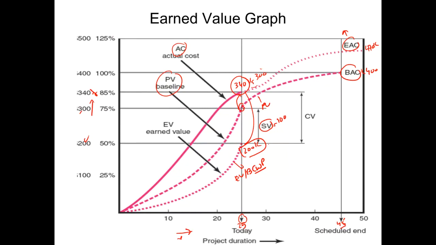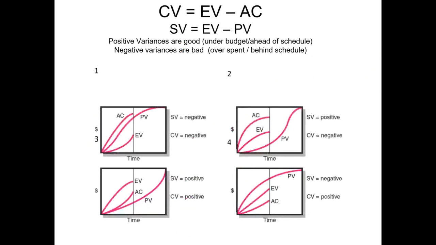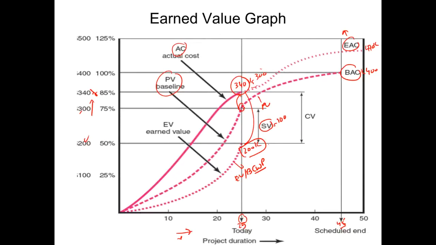And this basically indicates the cost variance, which is the difference between the actual cost and the earned value. So in terms of cost, how we are performing. Just by looking at a very simple graph, we can extract a lot of information.